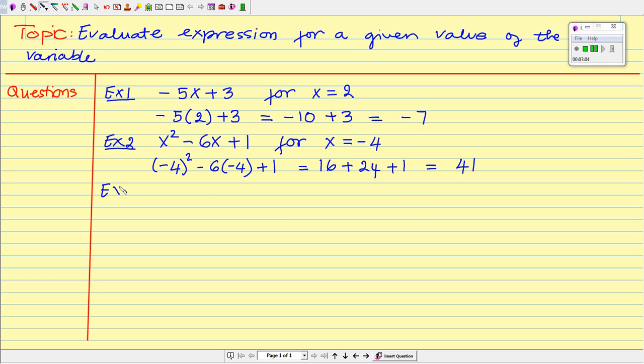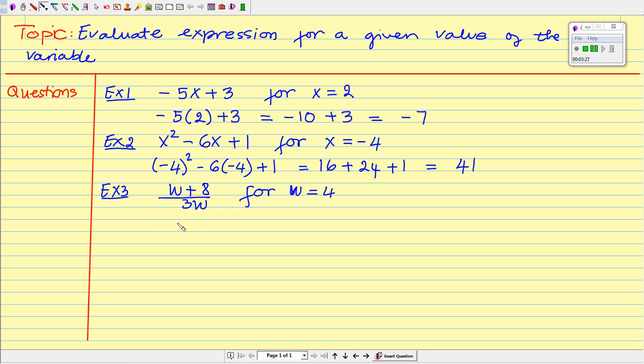Okay, now let's move on to example 3. Now we are given this expression, it is a rational, w plus a over 3w. Now we want you to evaluate this expression for w is 4. My w looks very ugly, sorry.